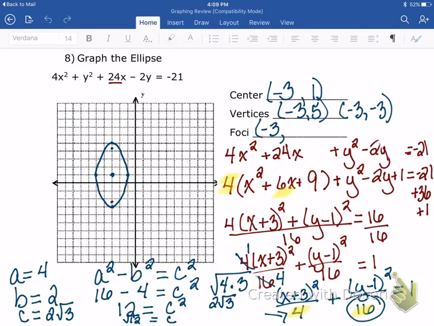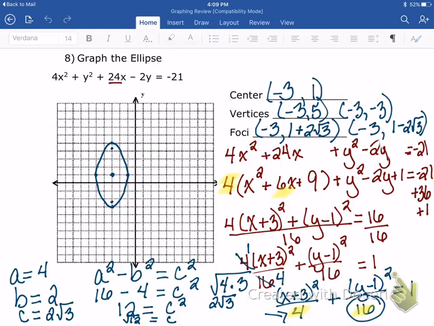So it's going to stay at negative 3. Okay? So the x value of my foci is going to be negative 3. Then I'm going to take my center value, which is 1, and I am going to add 2 on the square root of 3 to that for one of my foci. Then for my other foci, I am going to subtract 2 on the square root of 3.